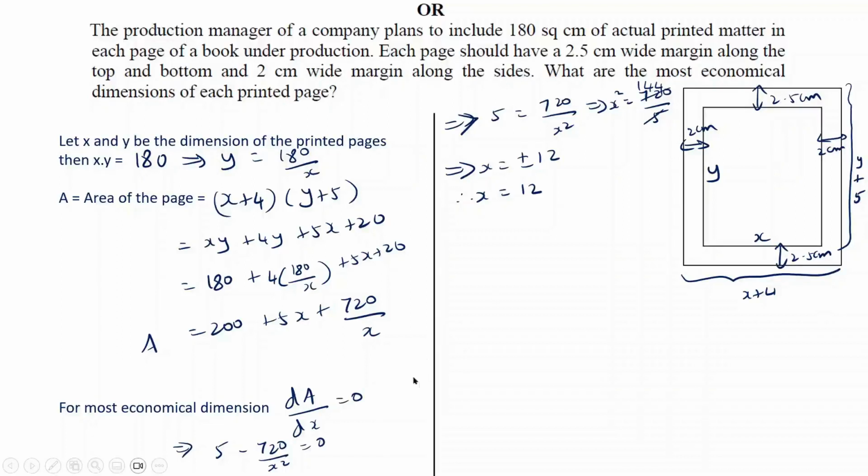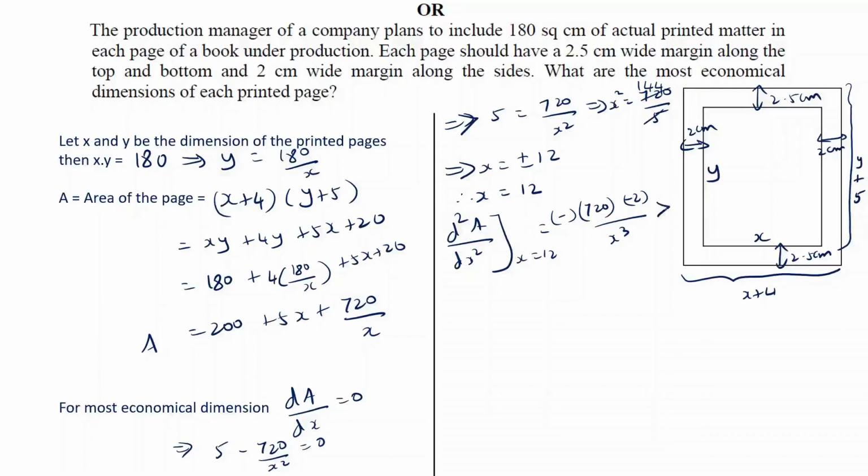Now to find the point of local minima, the second derivative, that is d square A by dx square, should be more than 0. So d square A by dx square at x equal to 12: if we find the derivative of this, it is minus of 720 into minus 2 by x cube.